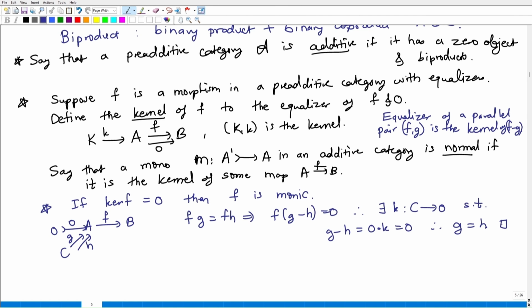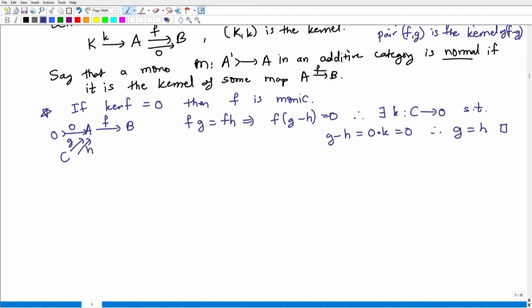Okay, so kernels are obviously monic. You can define cokernels dually and prove the same properties. Okay, now comes another interesting result.